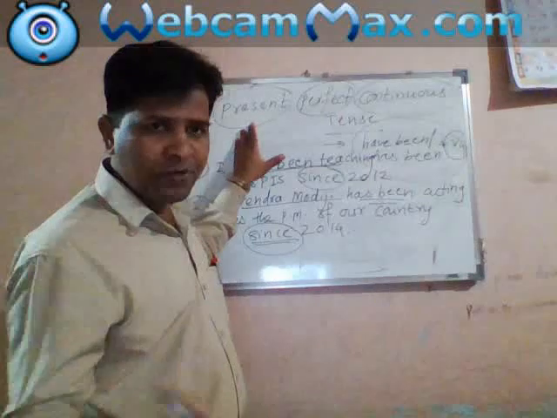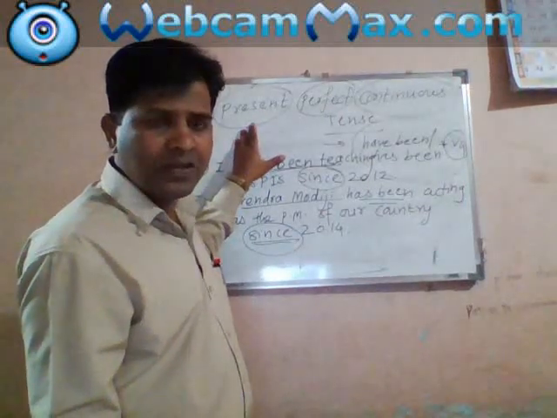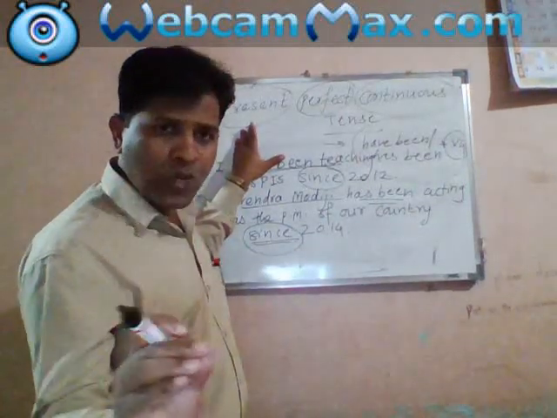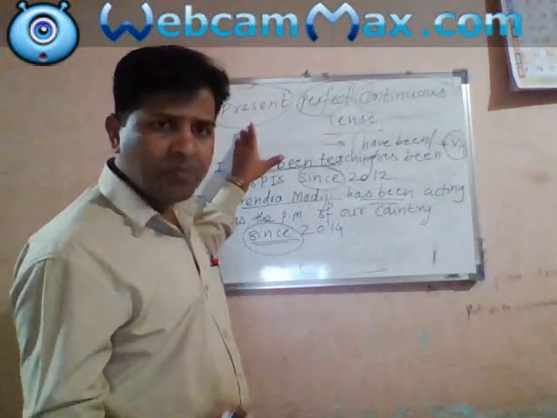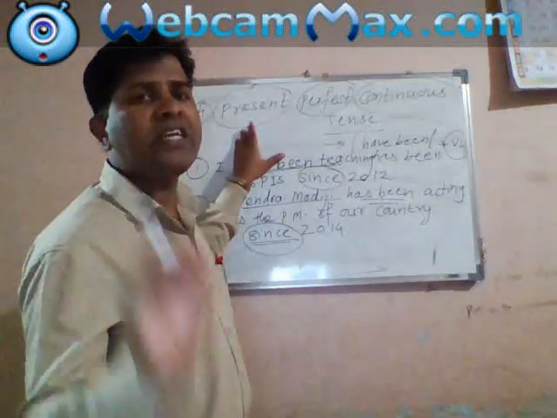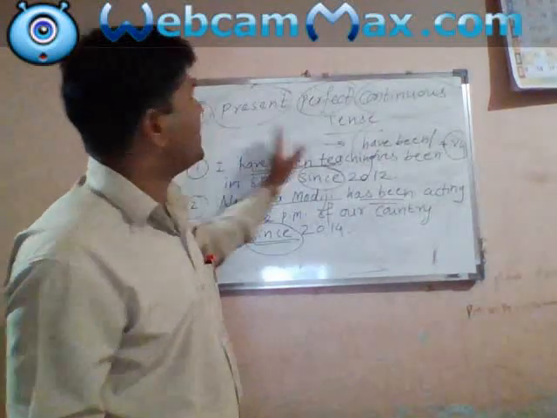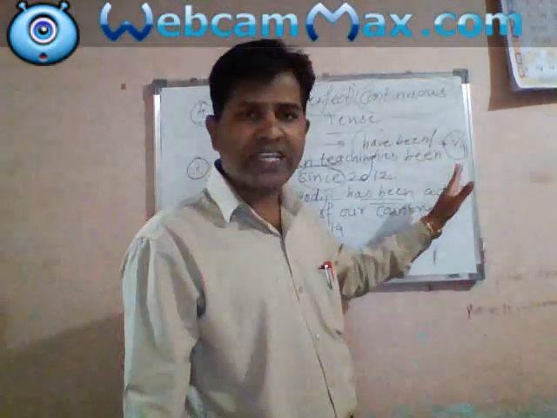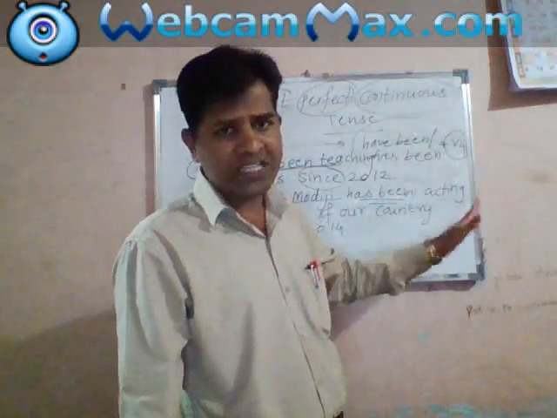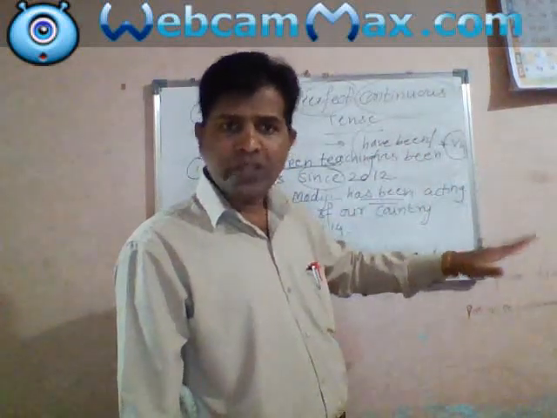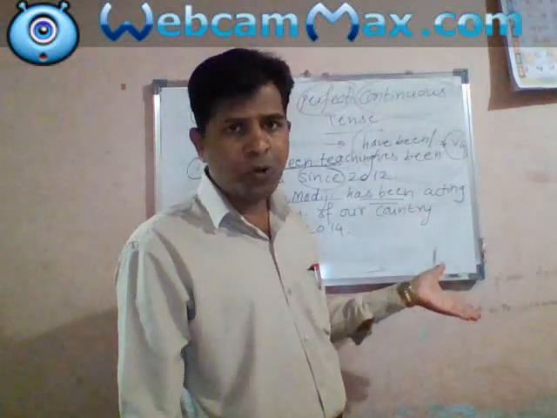Third, present perfect tense, forms of to have, have and has plus V3, V3 meaning past participle. And fourth is present perfect continuous tense, have been, has been plus V4, V4 meaning ing form.